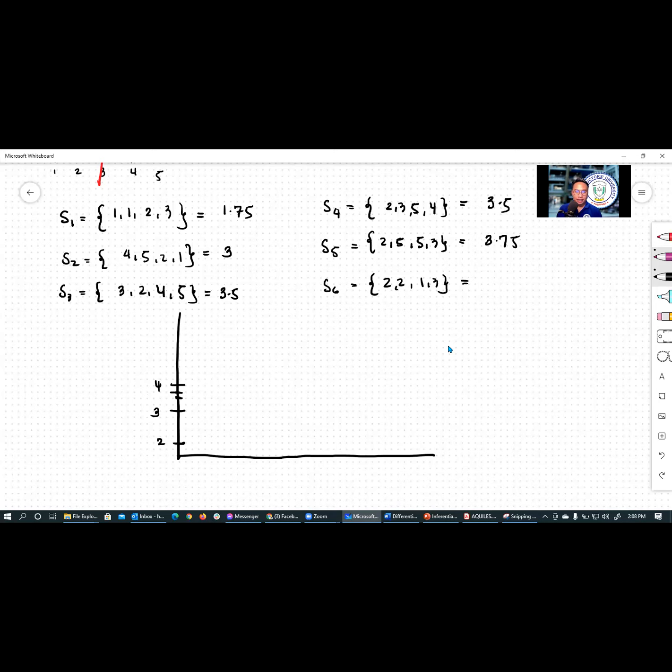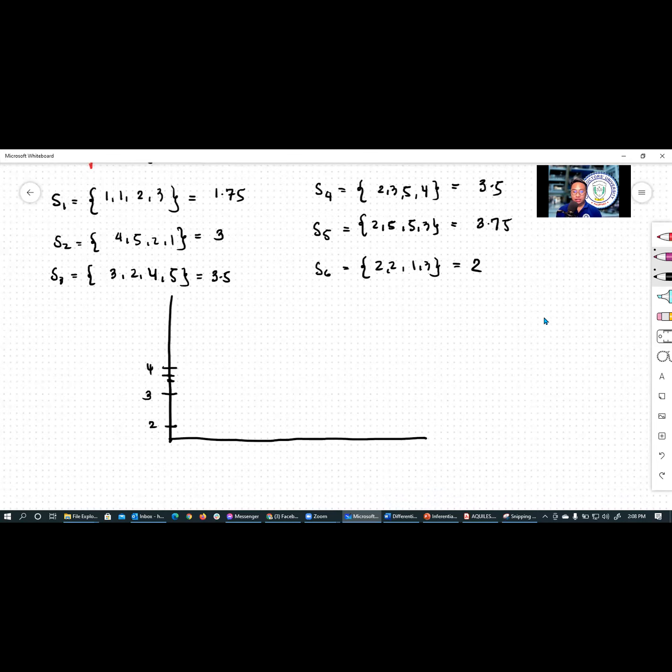And then, how much is this one? I haven't written it. 2 plus 2 plus 1 plus 3 divided by 4 is 2. S1, guys, is 1.75, so that's close to 2. So somewhere here is 1.75, S1. S2 is 3, so somewhere here. There, S2.